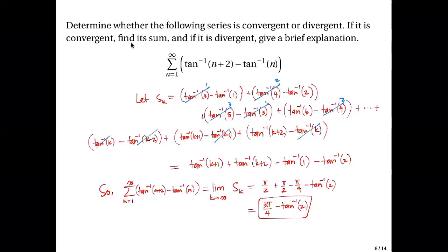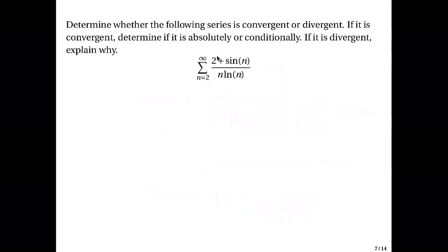For the previous problem, if it is convergent, you need to find the sum. On the other hand, you may or may not be able to find the actual sum if it is convergent. However, you have to say if it is absolutely convergent or conditionally convergent.